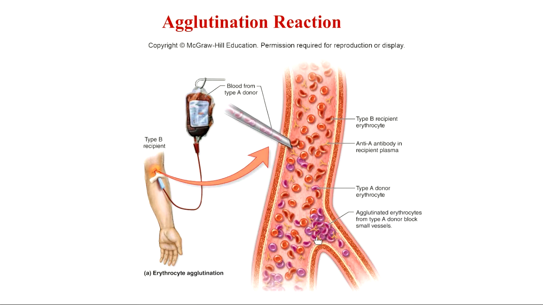The release of erythrocyte content and fragments in the blood is called hemolysis, and it can make other problems, specifically kidney problems and kidney disorders. Therefore, this compatibility which we need to have between recipient and donor is very, very important.